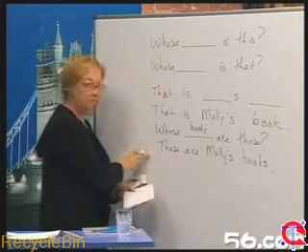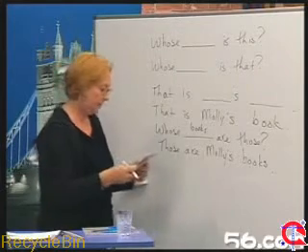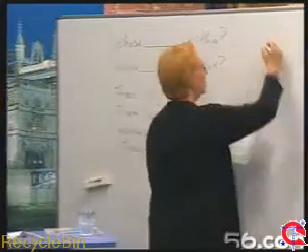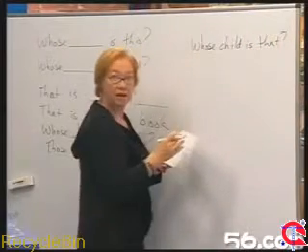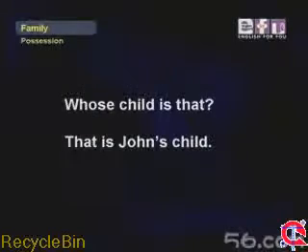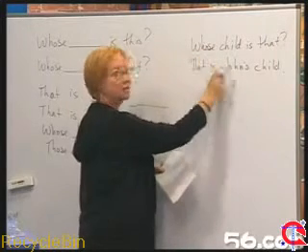Those are Molly's books. All right? And here's a couple of other examples. Whose child is that? That is John's child. Whose child is that? That is John's child. All right?